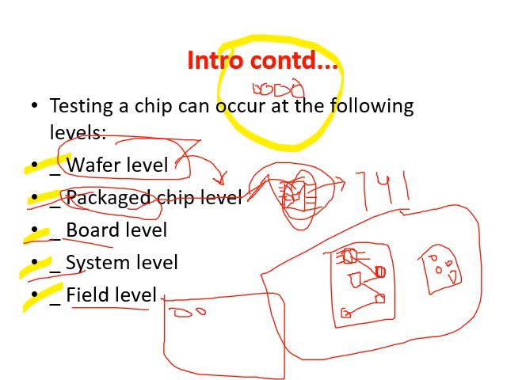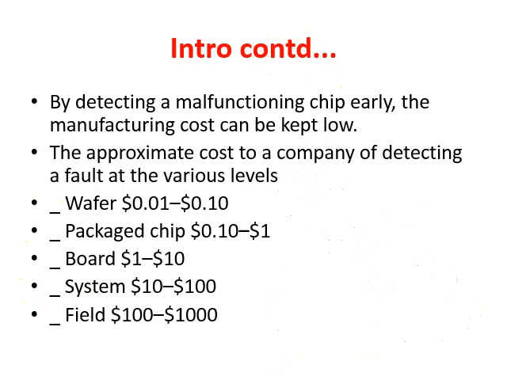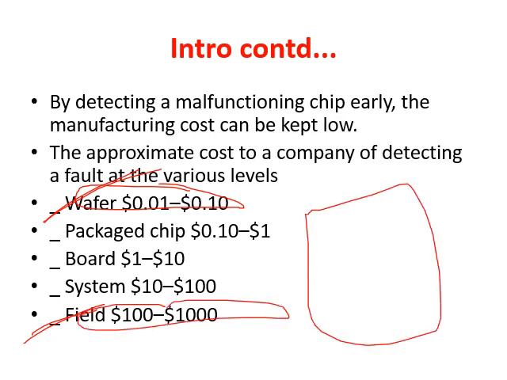Even when I speak of the value of testing, that is, the investment for testing, at the wafer level the cost is minimum, and the cost to the company for testing of an IC at the field level is the maximum. Why? Because in a field we have multiple boards, multiple systems, and multiple ICs.